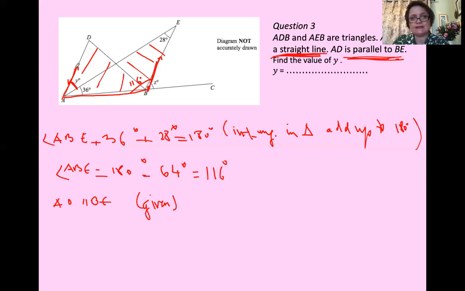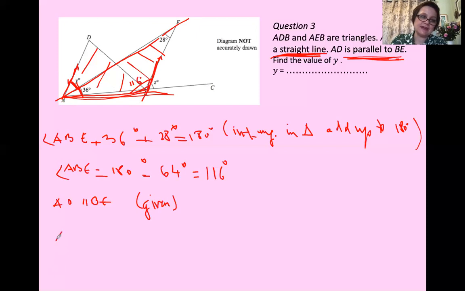They sit right inside the parallel lines and the intersection line. This is the intersection line, this one here, and these are the parallel lines. That means these two angles add up to 180 degrees.